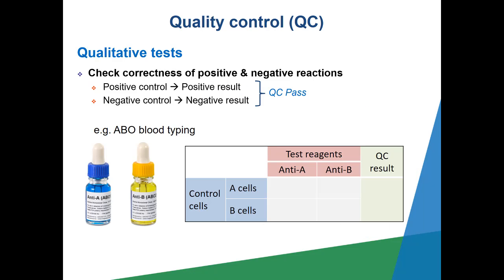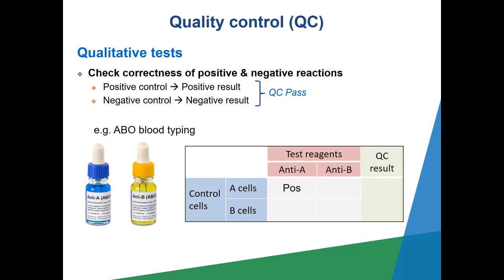Quality control can also check the correctness of positive and negative reactions. For example, it can be used to check the ABO blood typing. We have to check the test reagents, the antibodies, and also the control cells to see if they are still in good function. So we will test the anti-A with the A cells.